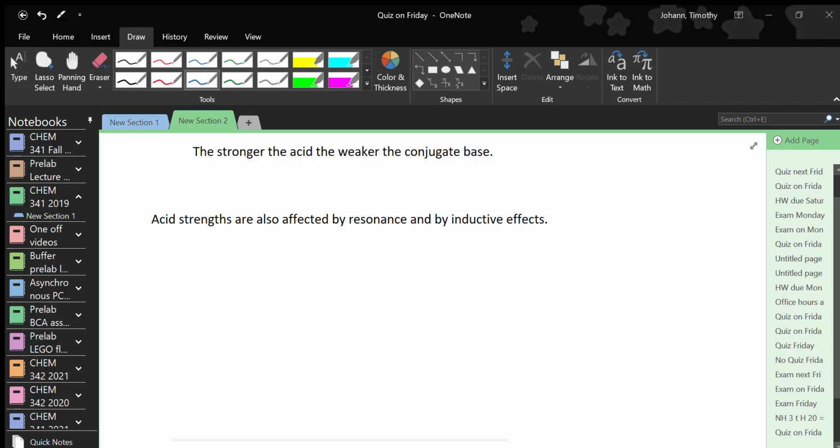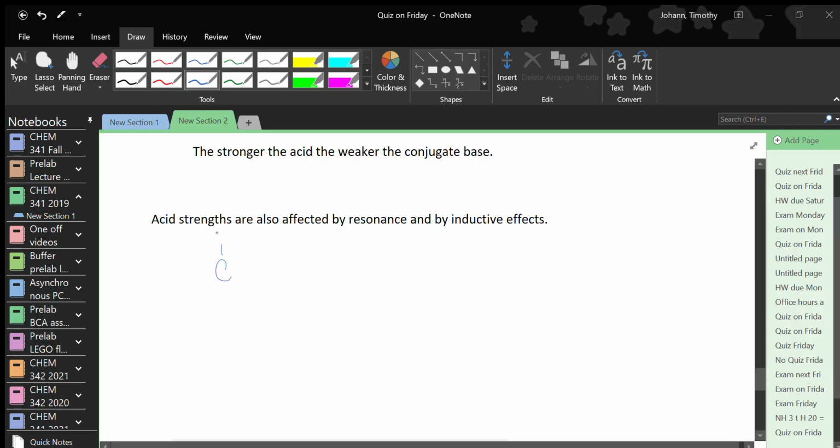And so let's consider two different molecules. Let's consider ethanol. Ethanol can be an acid. Go ahead and draw the products of that.